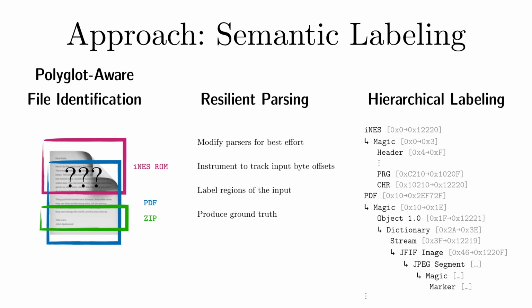So in other words, we want to end up with a hierarchical labeling where each byte in the file can be mapped back to one or more semantic labels for what that byte represents, and have byte ranges for all of the different objects within the different file formats.